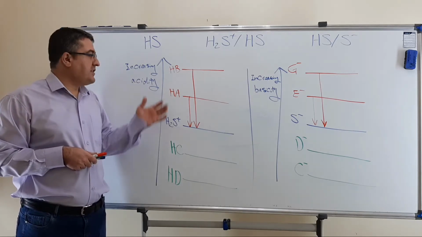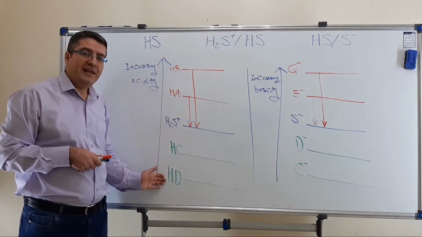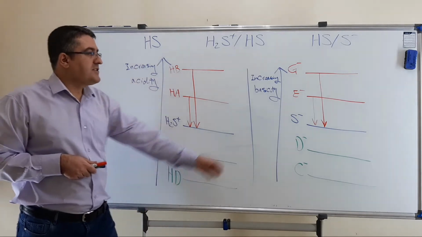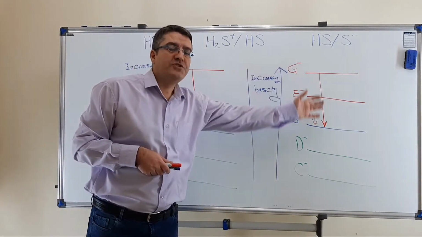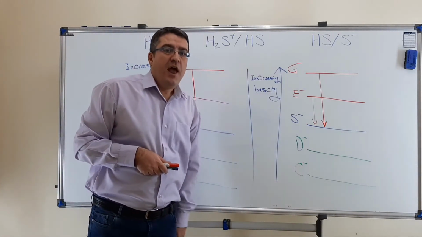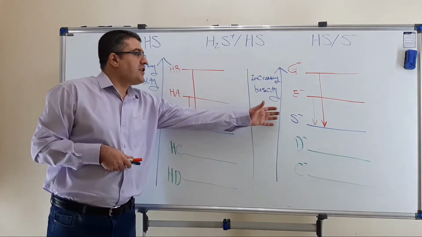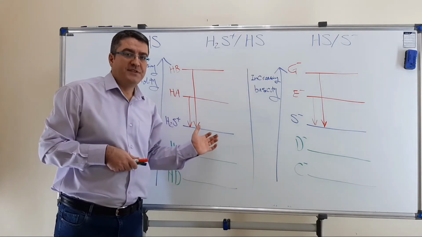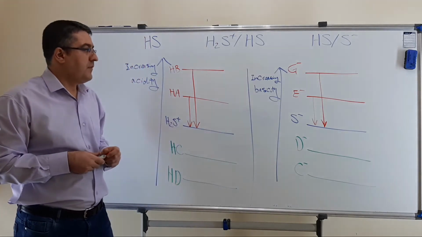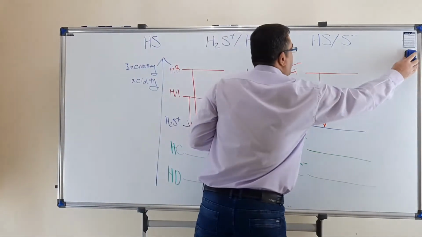We can consider this discussion for a protophilic solvent. We can consider this discussion for a protogenic solvent. And for an amphiprotic solvent, we can combine these graphs to obtain graphs like this.